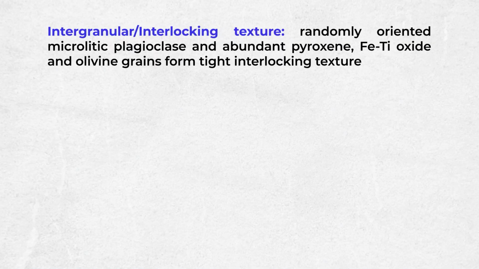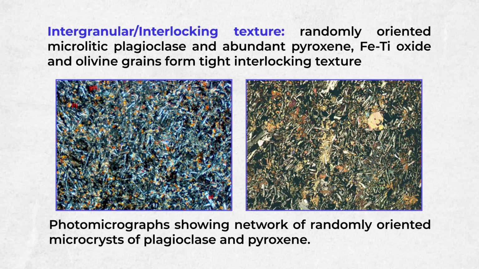The intergranular or interlocking texture has randomly oriented microlithic plagioclase, and abundant pyroxene, Fe-Ti oxide and olivine grains form a light interlocking texture. You can see in this photomicrograph, you have randomly oriented microlithic plagioclase.